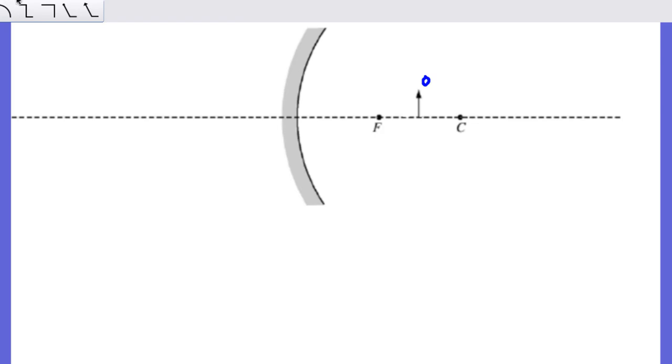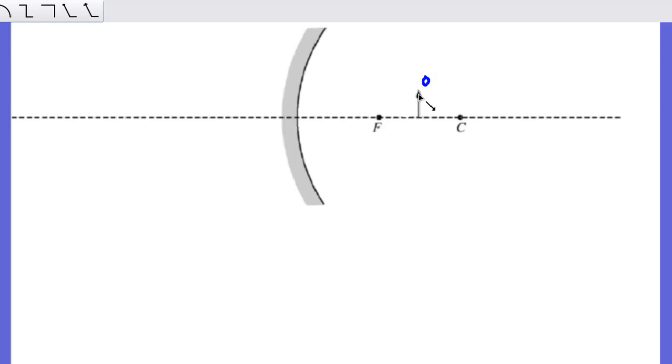So what's happening to my light? Remember, for my lenses, I had two rules. One was it went parallel, and then it went through the focal point. And they went through the lens because lenses are transparent. But with mirrors, it's going to go parallel and then through the focal point after reflecting.